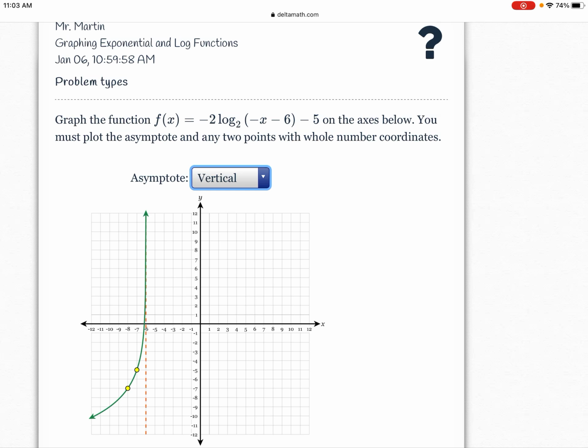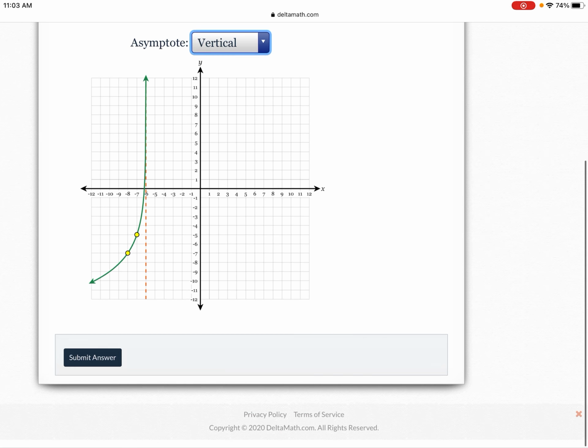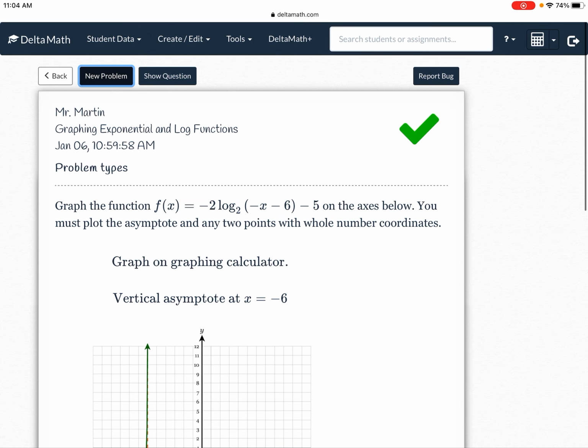So we get a graph that looks something like that. So we would just submit this, and we get it right.